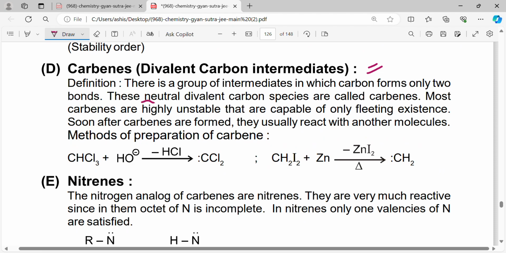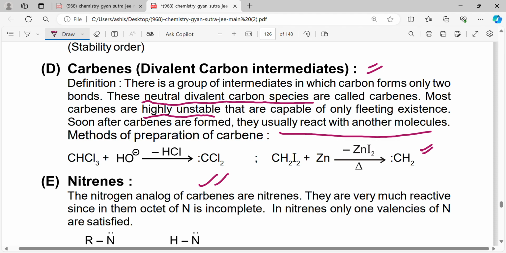Then carbene. Carbenes are divalent carbon intermediates. This is a group of intermediates in which carbon forms only 2 bonds. These are neutral divalent carbon species. Most carbenes are highly unstable and capable of only a fleeting existence.